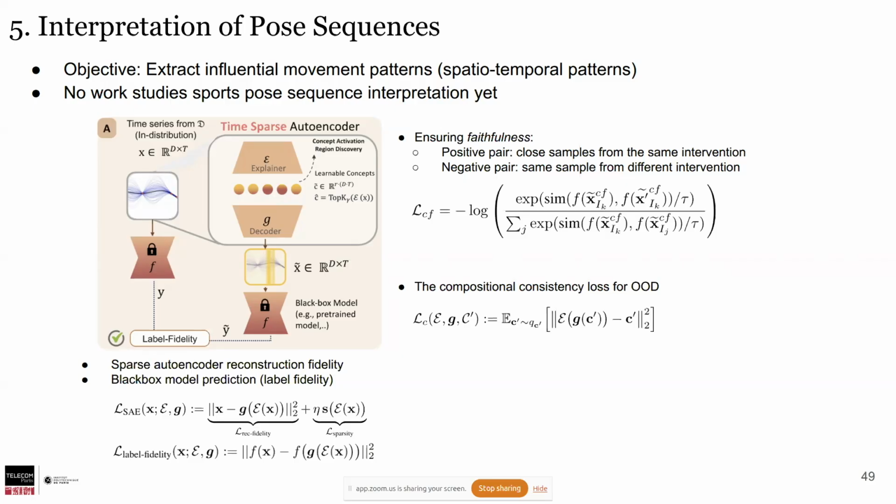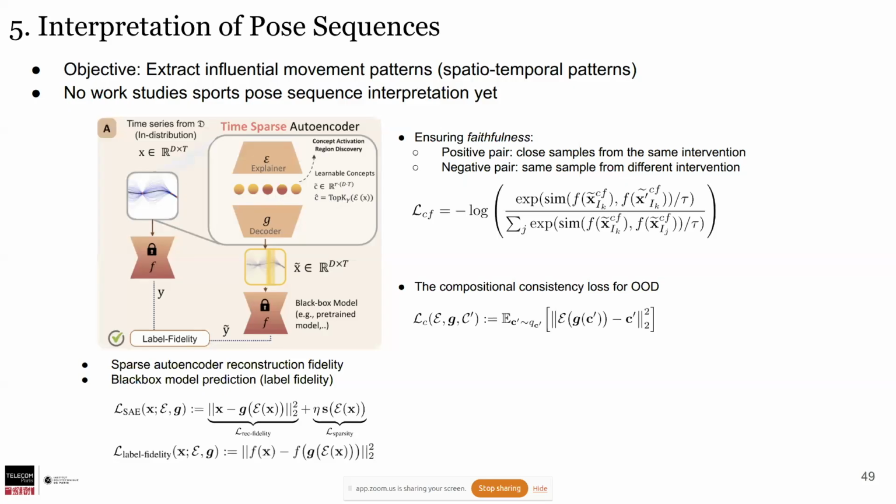And to further improve the performance of this model, we consider faithfulness and out-of-distribution. For faithfulness, which is on the right side above the equation, we use positive pairs and negative pairs in the contrastive loss. When we change the concepts with the same intervention, we check the close input sequences.